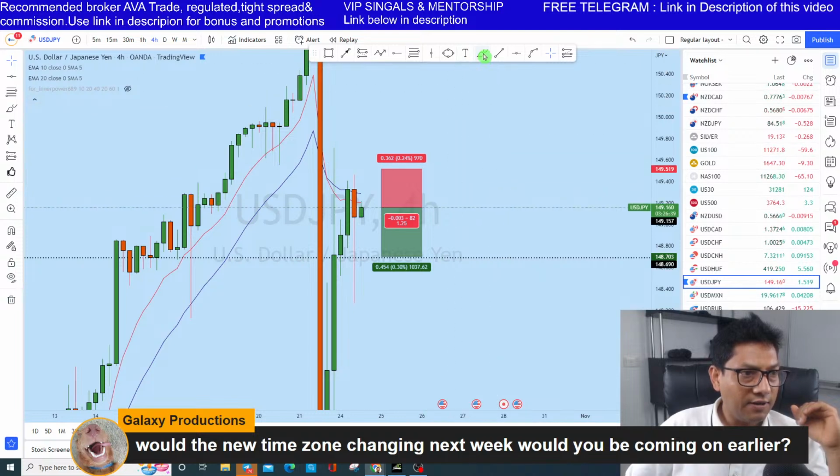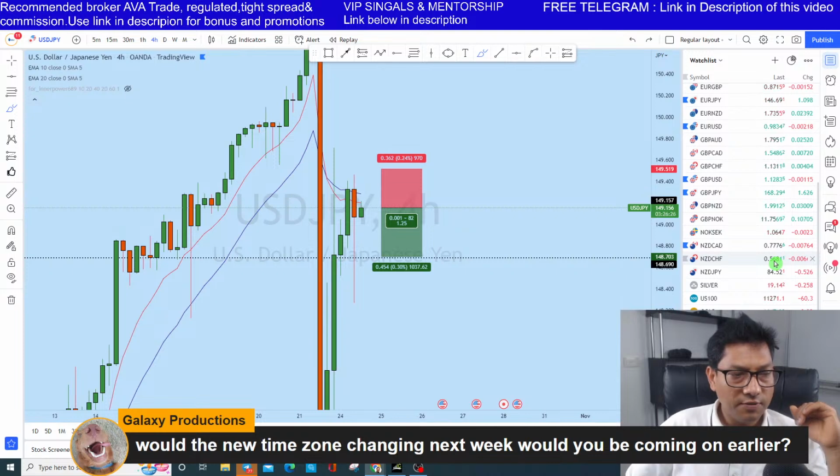I think some part of this wick should be filled to the downside, and if some part of this wick is filled, then we should get the profit on this trade.